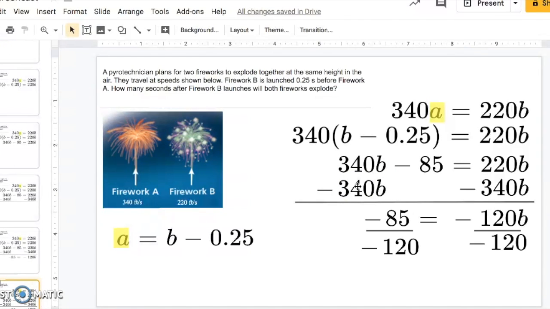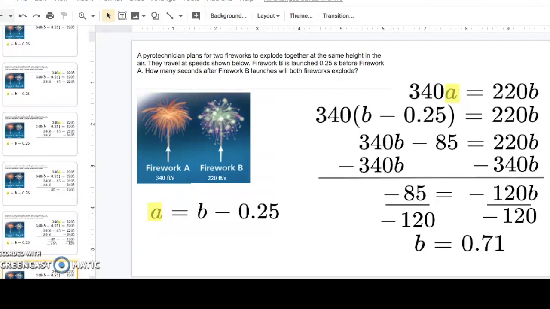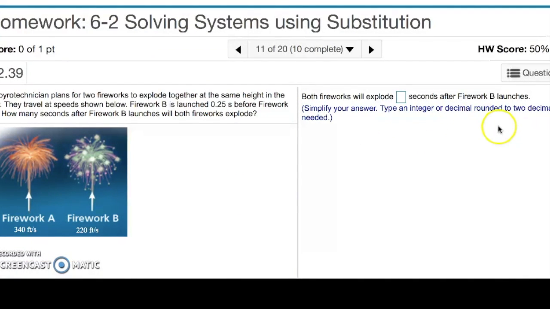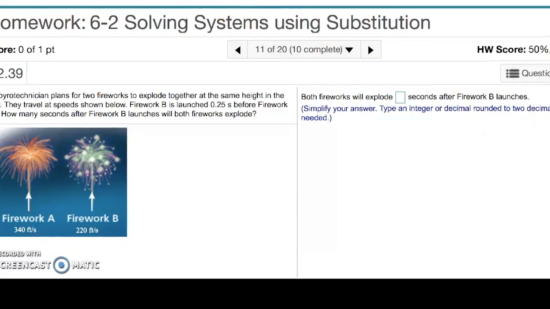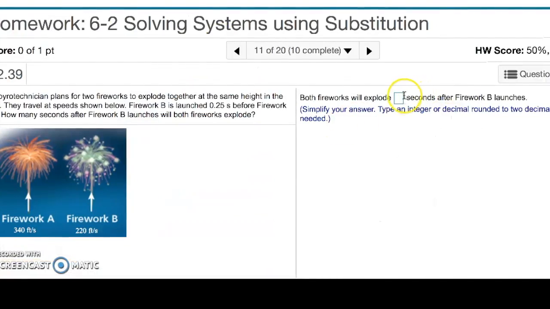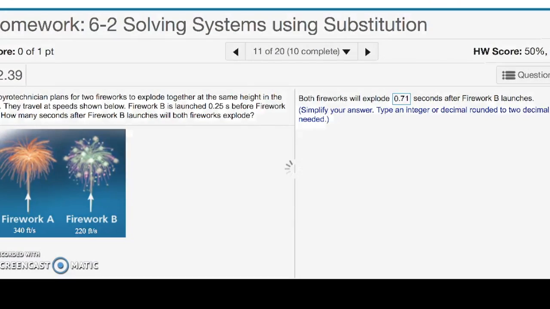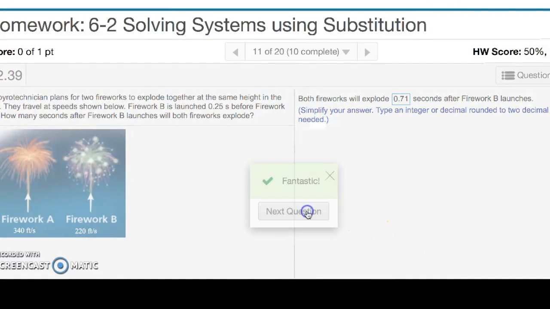Divide both sides by negative 120, we'll end up with a decimal, and it says to round it to the nearest hundredths place, or it should say the two decimal places, which is the hundredths place. So we have 0.71. Let's see what it says. 0.71 seconds is correct. So that's number 11.